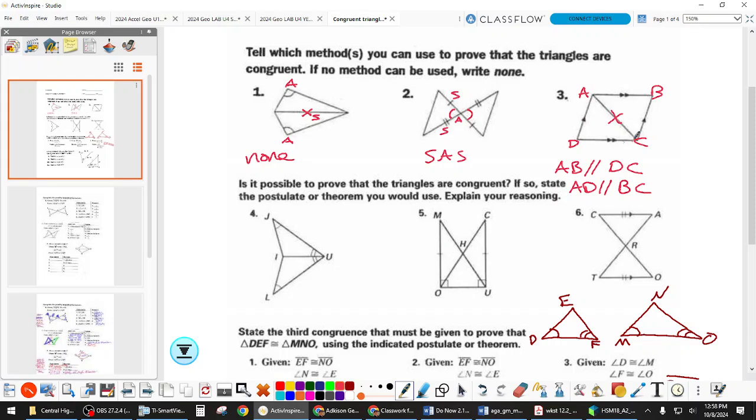So we basically just talked through a proof. Angle DAC and ACB are congruent by AIAT. ACD and BAC by AIAT. I know that's a lot of letters, but by alternate interior angles. And then AC is congruent to CA by reflexive. Triangles are congruent by, let's put these in here. Oops, I did that backwards.